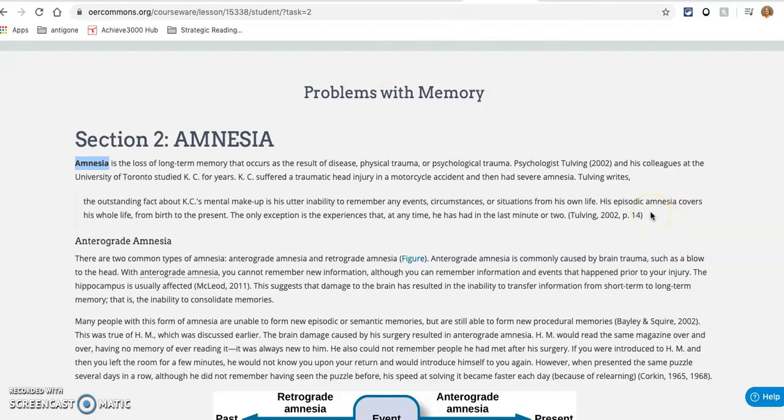So a couple of things about amnesia. I'm a little curious. I don't know what episodic amnesia is, and so that's a question that I have. I would probably put a question mark over episodic amnesia. A connection: when I think of amnesia, I a lot of times think of movies where people are laying in a hospital bed and they wake up and they have no idea. It happens in soap operas all the time, where they wake up and something tragic has happened and they have no idea what happened in their life.